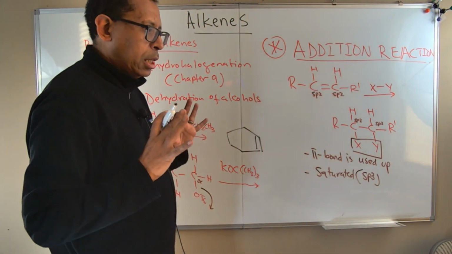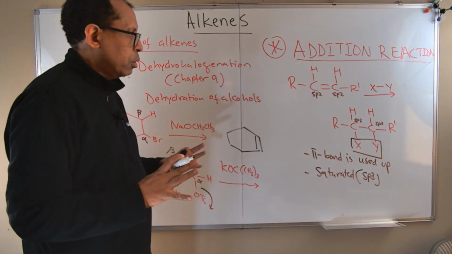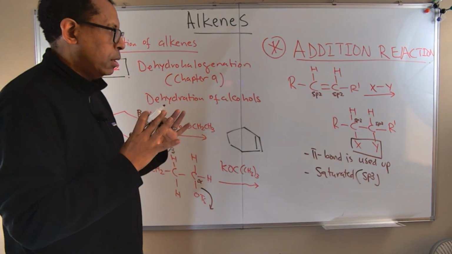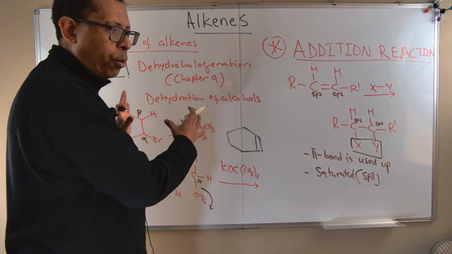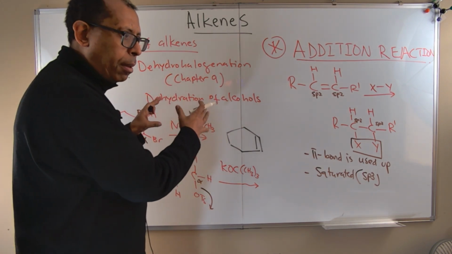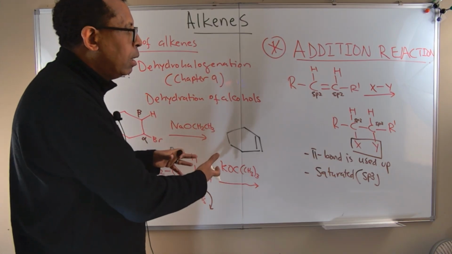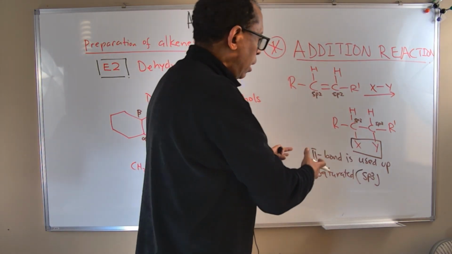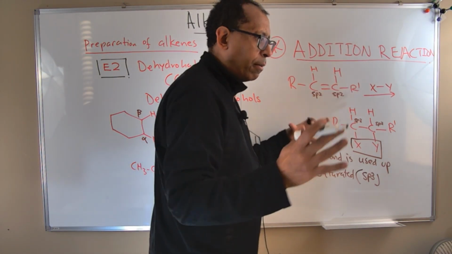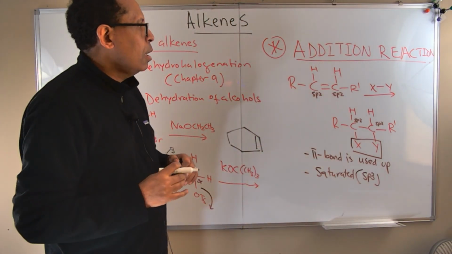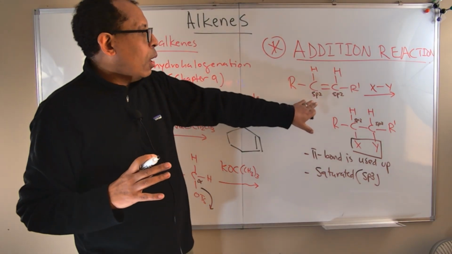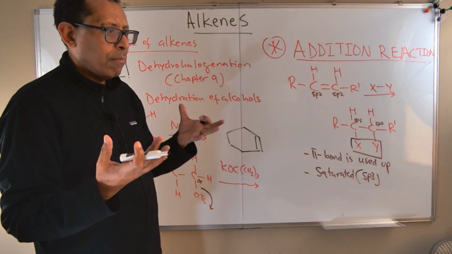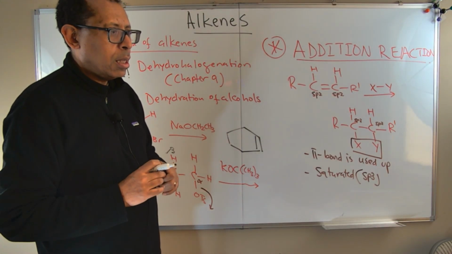In general, what I encourage you to remember is that what we are doing now is the opposite of what we have been doing. Before we were making alkenes, but now we are reacting alkenes to make several different chemical compounds. You will see how important alkenes are in organic chemistry.